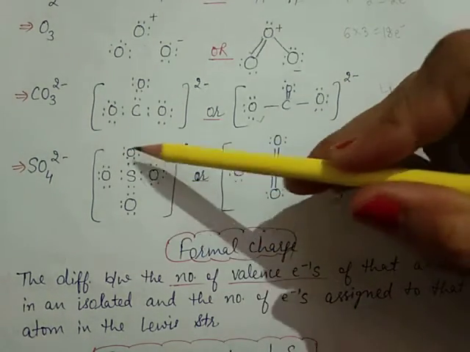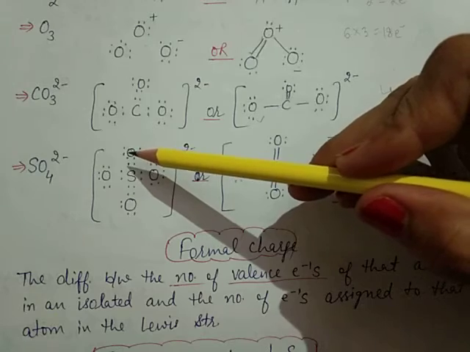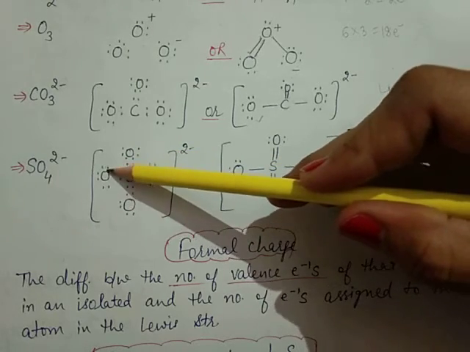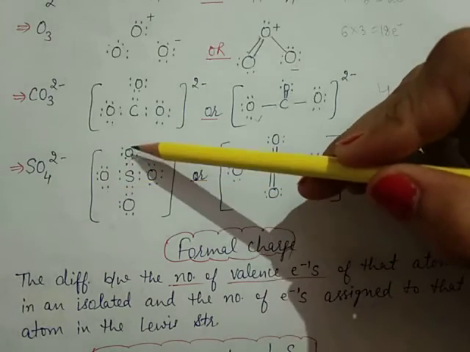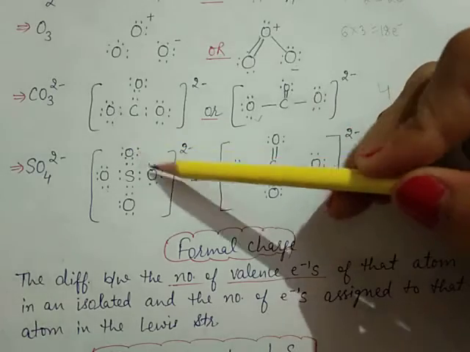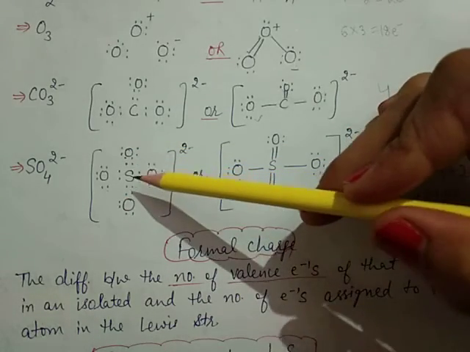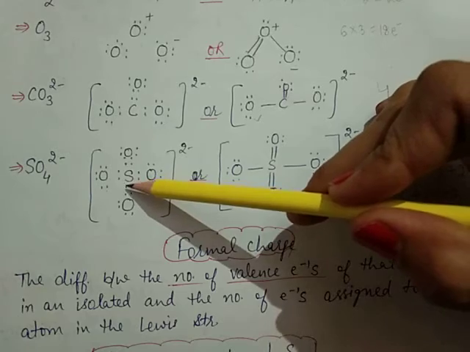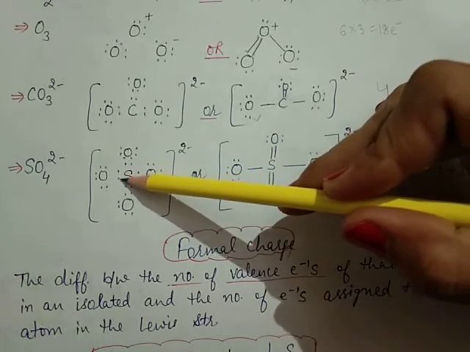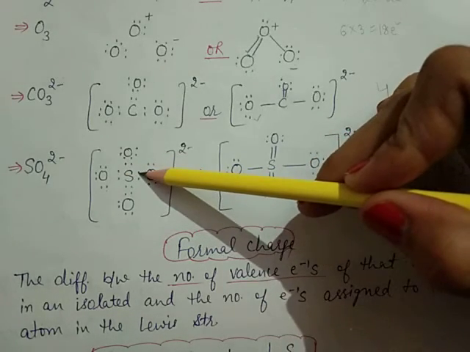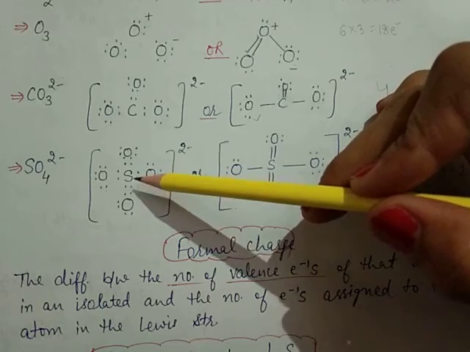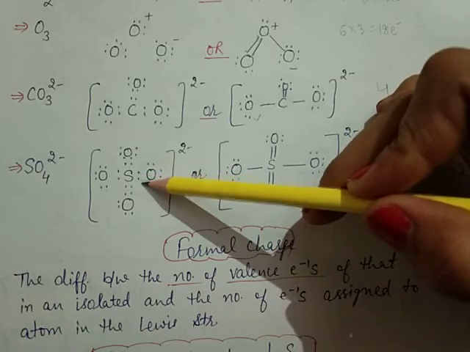So in this case, this is the sulfur atom. We count only outer electrons. In this oxygen, 1 2 3 4 5 6. All oxygens have 6 electrons. But here sulfur has 1 2 3 4 5 6 7 8. Here 8 electrons. Why are 8 electrons present here?